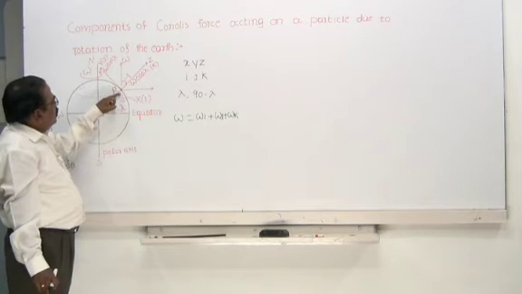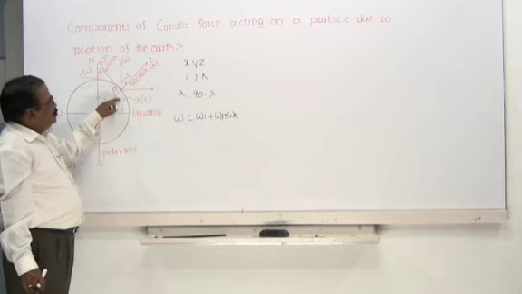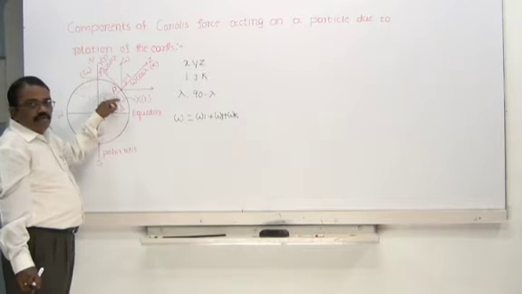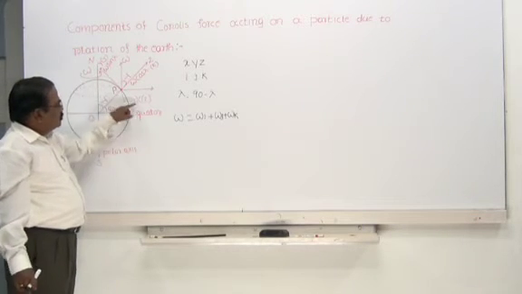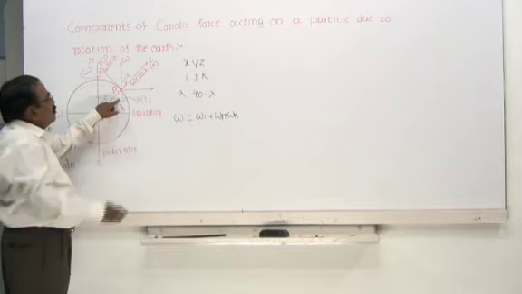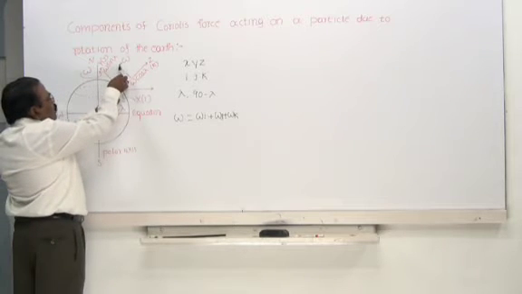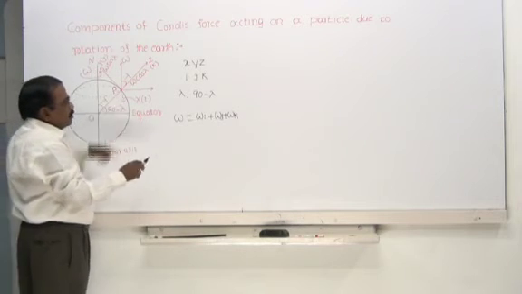With this i, there is no angular velocity along the x-axis. This omega has only two components, one along z, another along y.